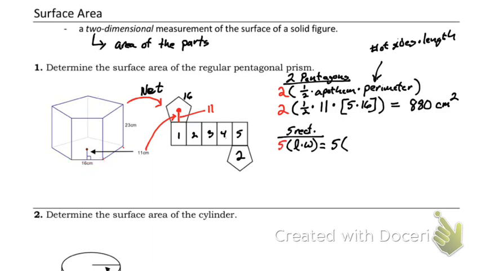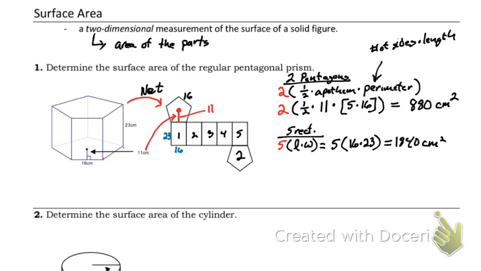Note, these are all regular rectangles, so every single rectangle must be the same size. So when we're looking at these, maybe I'll draw it on here, we have 16 by 23. So that'll be 5 times 16 times 23, which is going to come out to 1,840 centimeters squared.